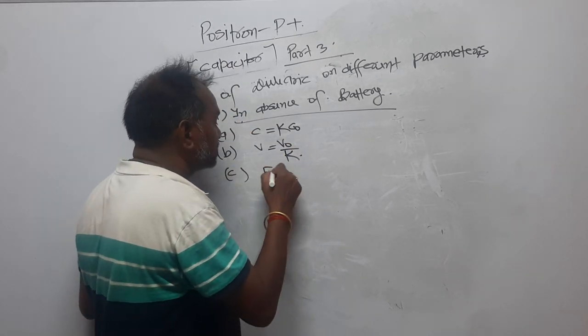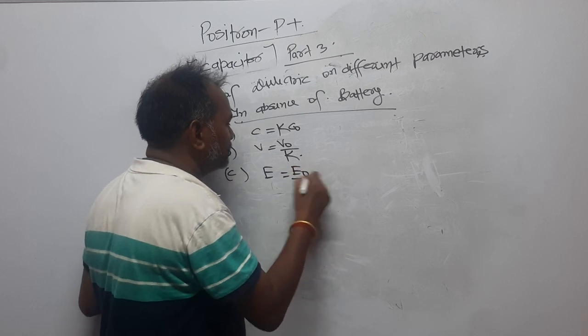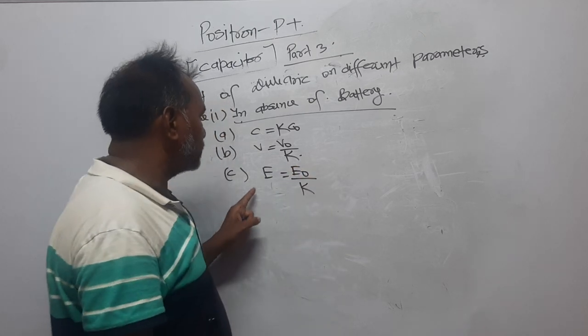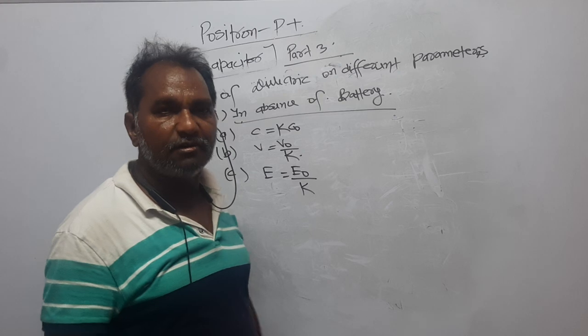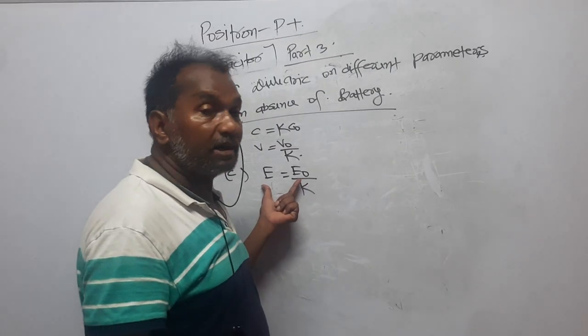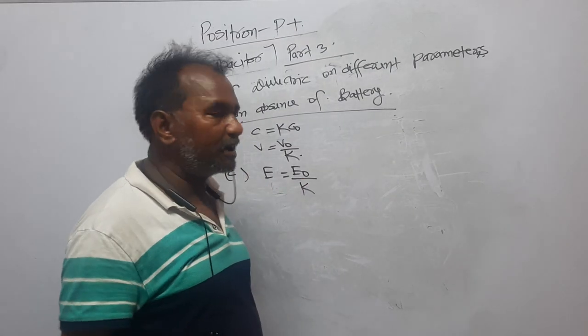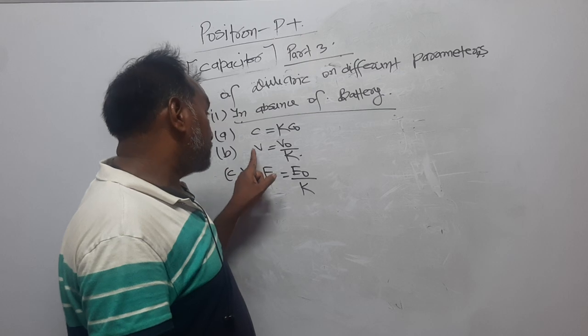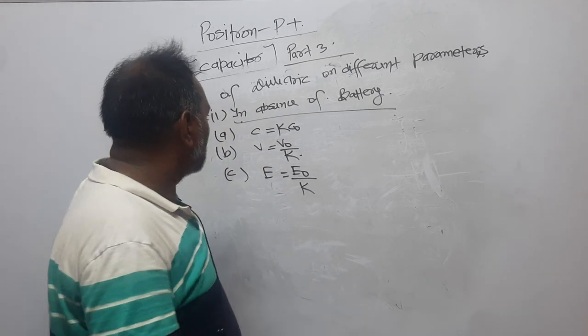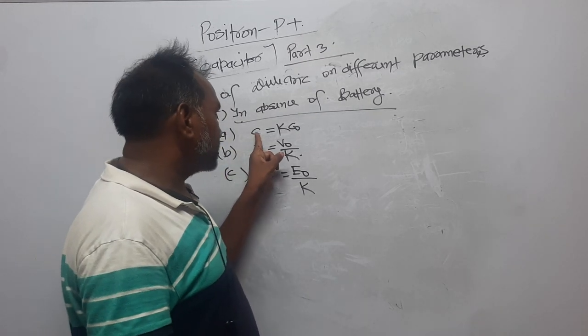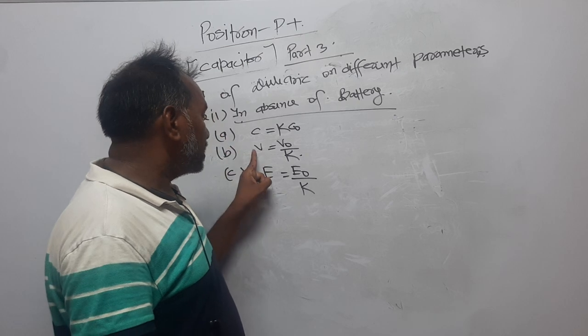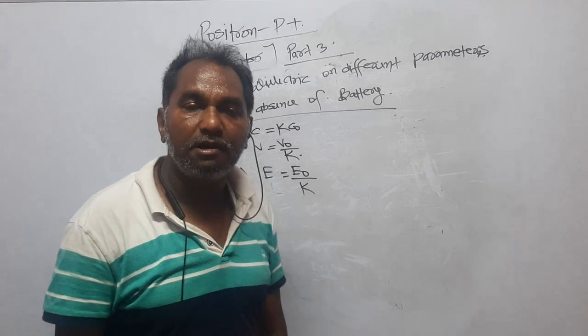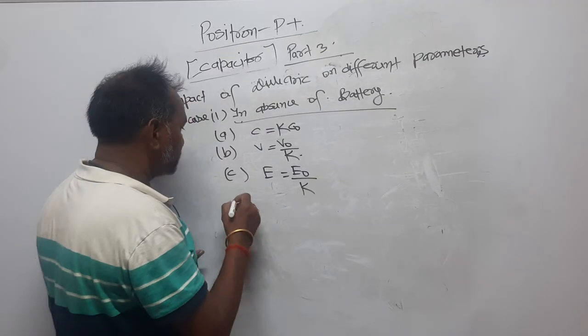Because the field is reduced. I would have first written E is equal to E naught by K, the electric field, then it would have been better because potential depends on the field, right? So, capacitance becomes K times, and electric potential and field are reduced by 1 by K.